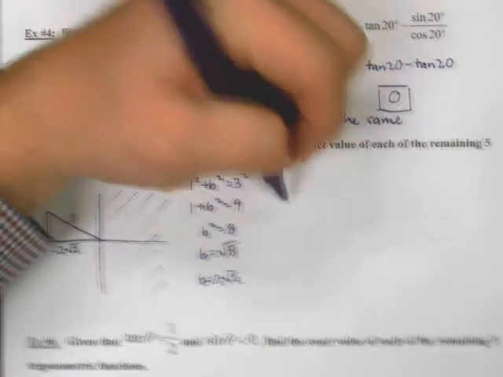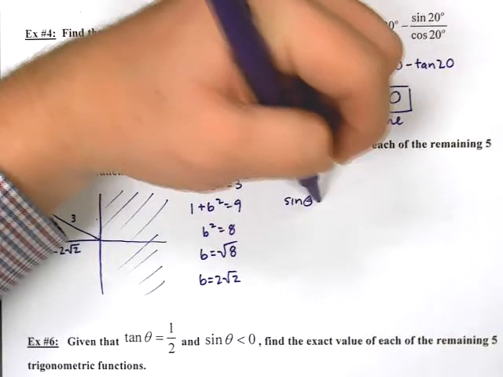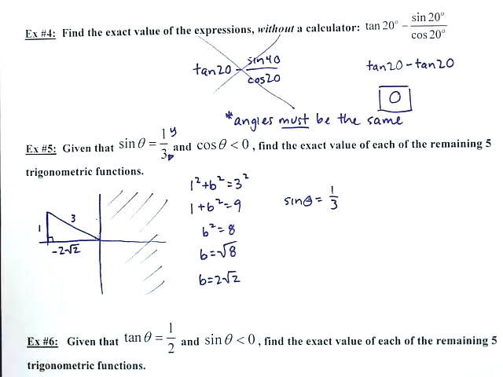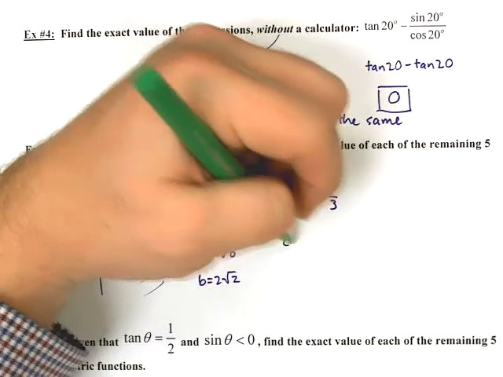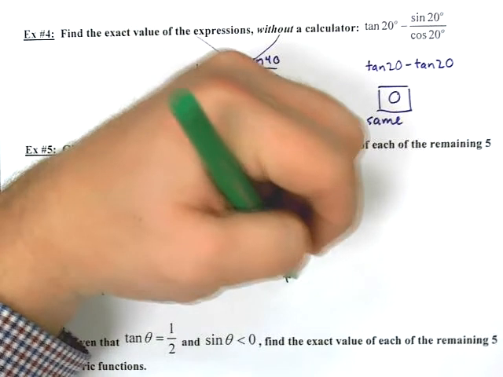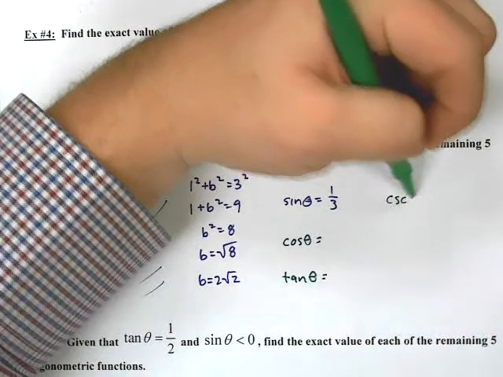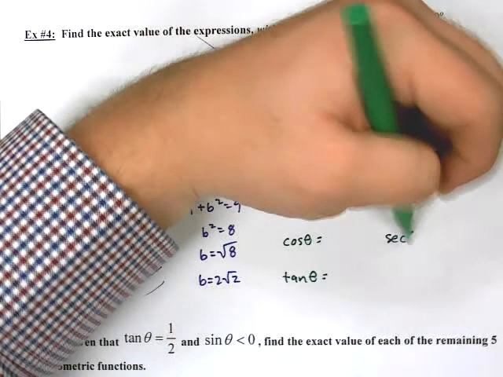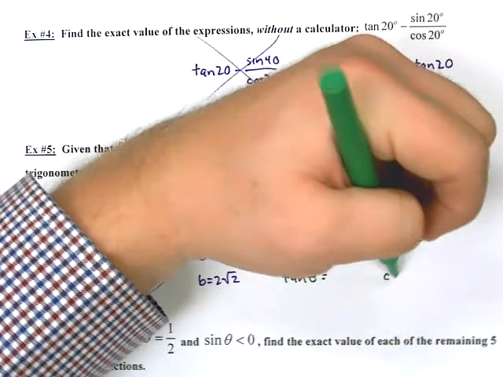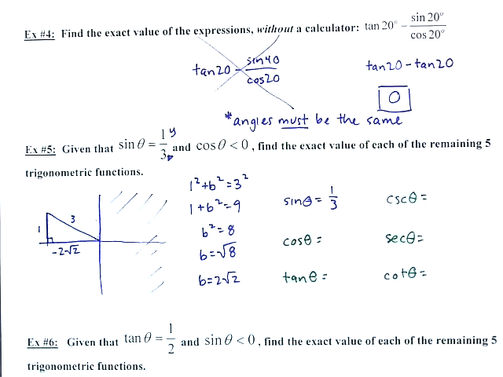And here we go. Sine, we already knew. Cosine, tangent, cosecant, secant, and cotangent. All right, we're ready to go.